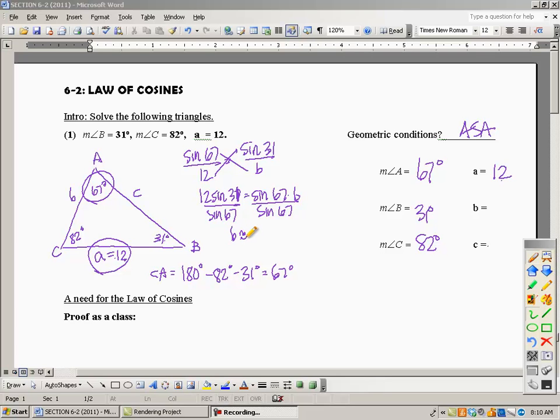Therefore, side B is approximately 6.71, which is a good thing because, again, the length should be shorter than side A.